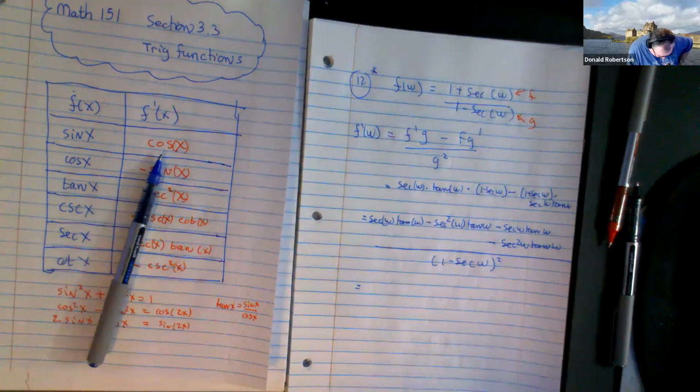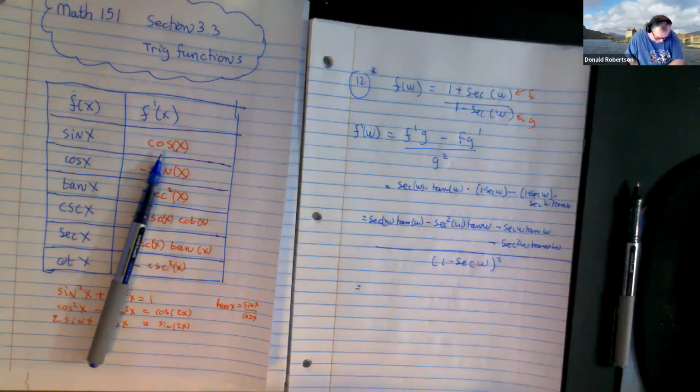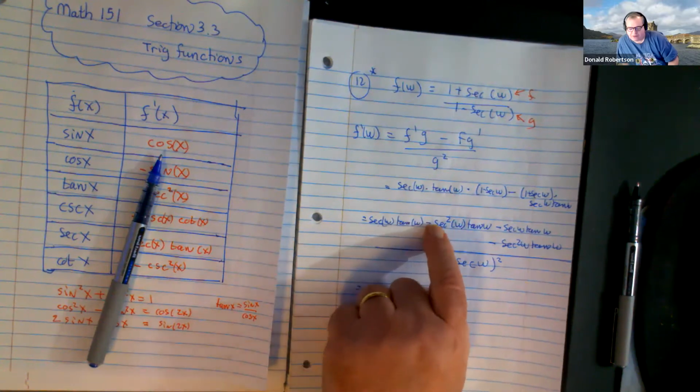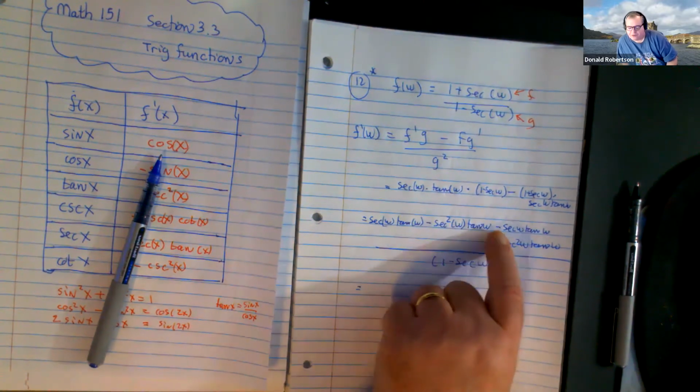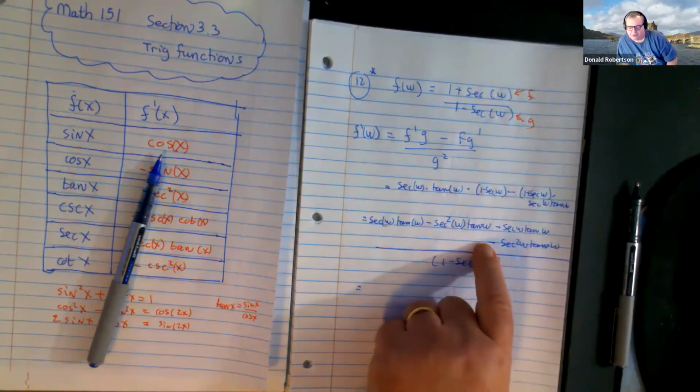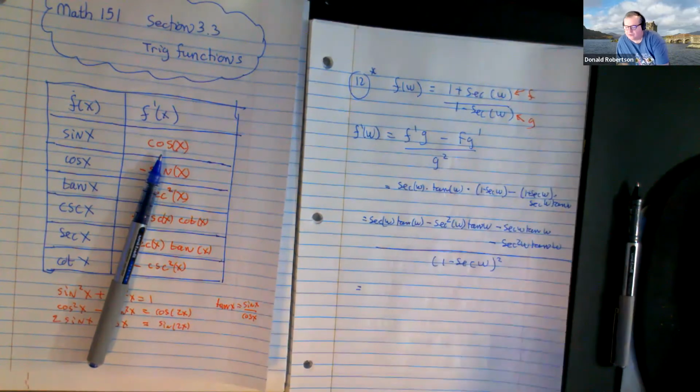Okay, I'm looking around here to see if anything kills off anything else. Do you see anything in the top that might be killed off by something else also in the top? I've got a secant tan, take away a secant squared tan, take away a secant tan, take away a secant squared tan. That's 4 terms.